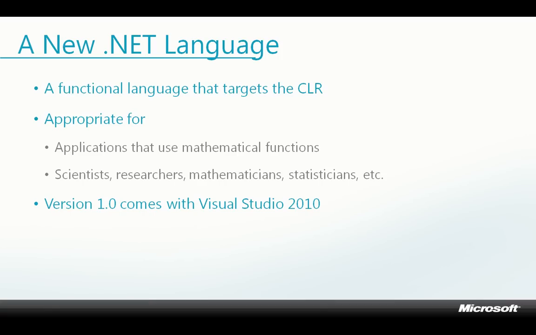And professional developers will choose to use a functional language when they're working in those kinds of domains, or when they're doing those kinds of apps, or whenever a particular problem seems well suited to being approached using functions. The first supported version of F#, version 1.0, comes built in with Visual Studio 2010, and of course that's the IDE that we'll use in this video to look at F#.